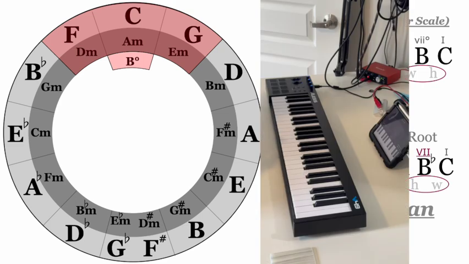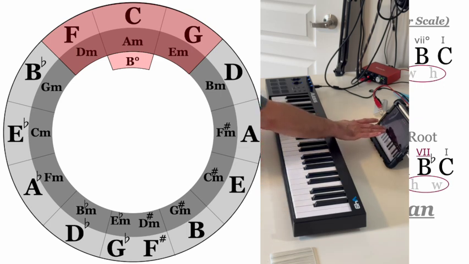First, we're going to listen to the difference between our B diminished, which is part of our C Ionian mode, and the B flat major. First the B diminished. Versus the B flat major.